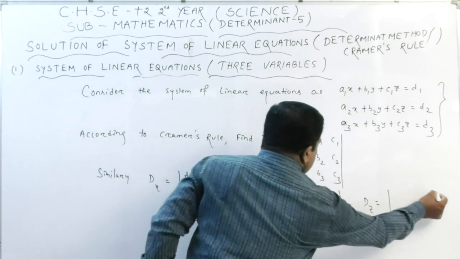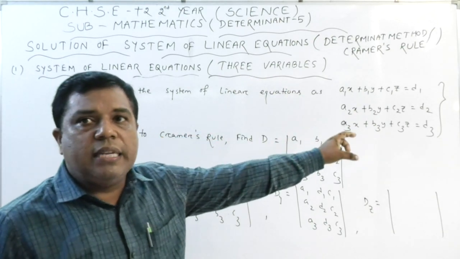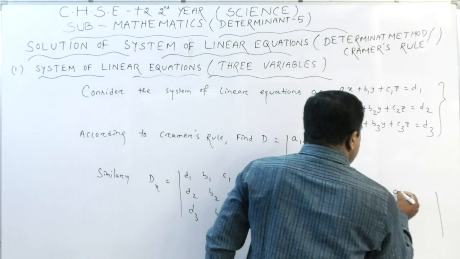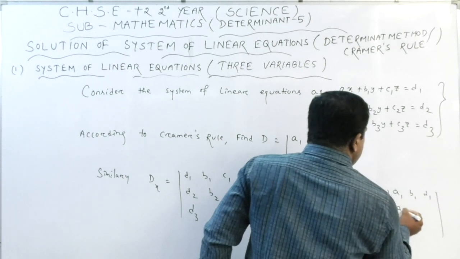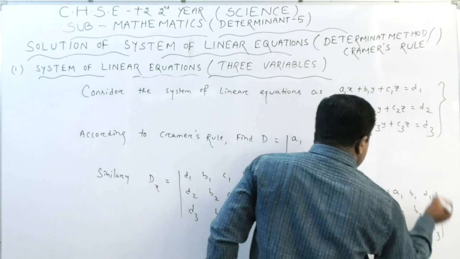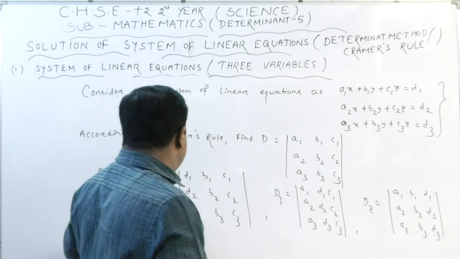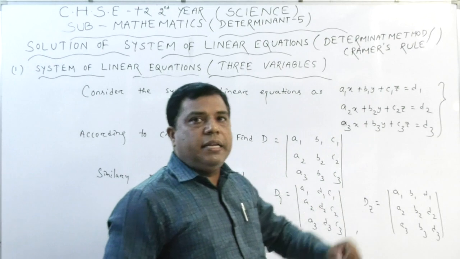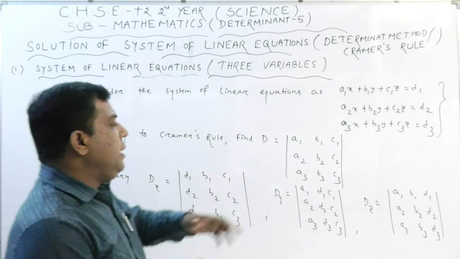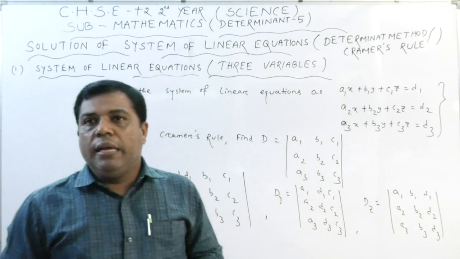Dz is the determinant containing the coefficients of x and y, where we replace the coefficients of z by the right side values: a1, b1, d1, a2, b2, d2, and a3, b3, d3. Okay dear students, in this way we can find Dx, Dy, and Dz. So initially you have to find D, then Dx, then Dy, and then Dz.